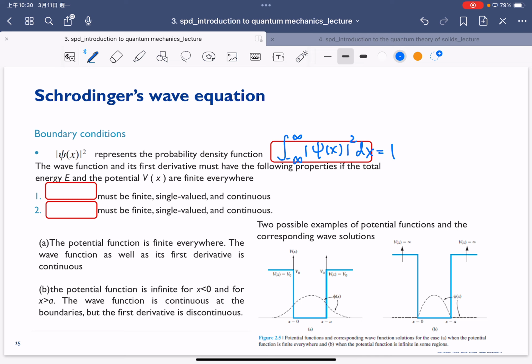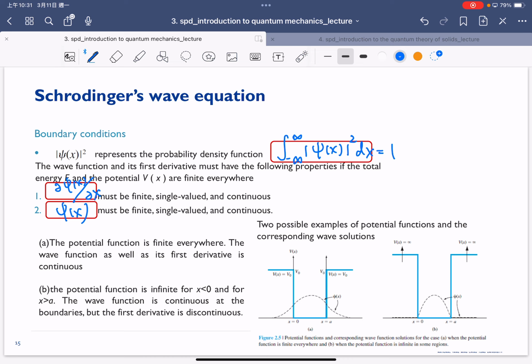And there's some boundary condition. The wave function and the first derivative must have the following property if the total energy and potential are finite everywhere. In the later engineering mathematics, we need to put some boundary conditions to allow us to solve for the further answers here.